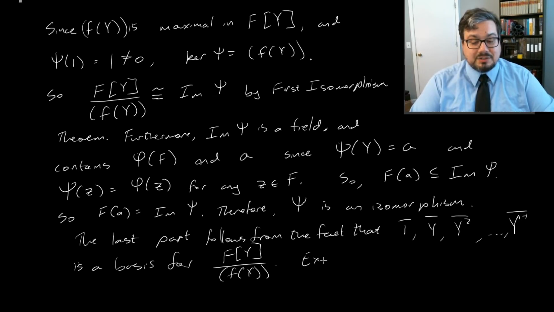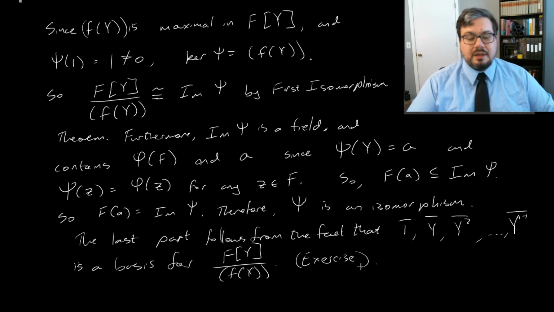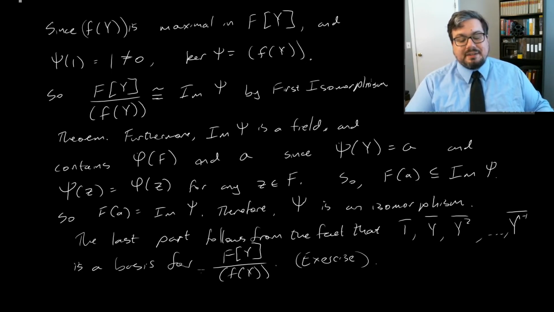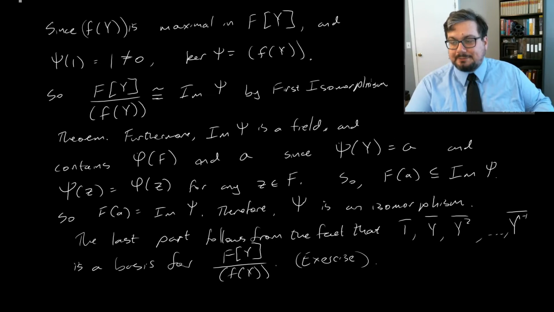And this part is an exercise. All right, so this tells us that we can describe the smallest fields that contain a given root of an irreducible polynomial in a standard way.